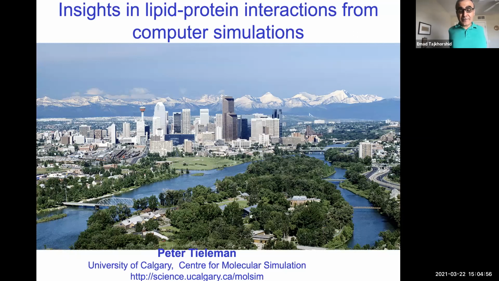His H-index is 84 with more than 30,000 citations. And he is also involved in development of software. He is one of the contributors to GROMACS and also the Martini coarse grain force field that many of us use. He has been kind enough to also serve on our advisory board for several years.